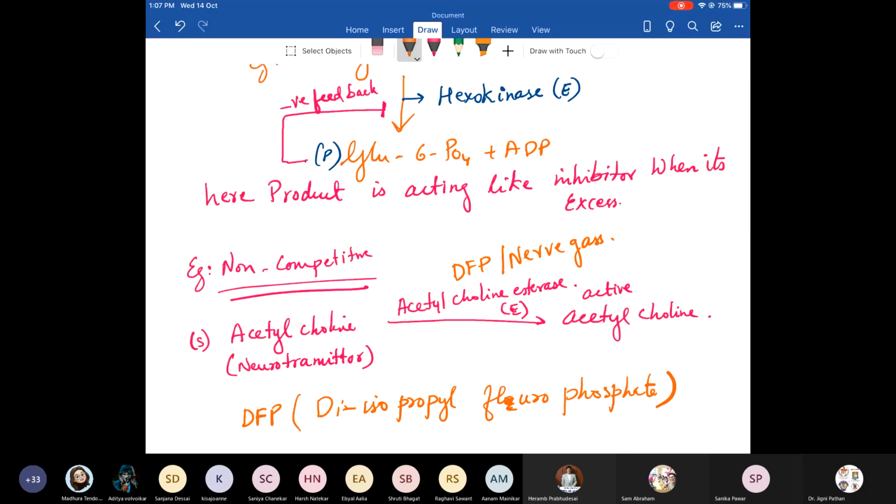If nerve gas or DFP, which is an inhibitor, comes and binds, they cannot convert the diaphragm from contract to relax. Here the diaphragm is contracted, and in the presence of the enzyme acetylcholinesterase, it gets relaxed. If DFP comes and binds, then the diaphragm cannot relax and the person dies.